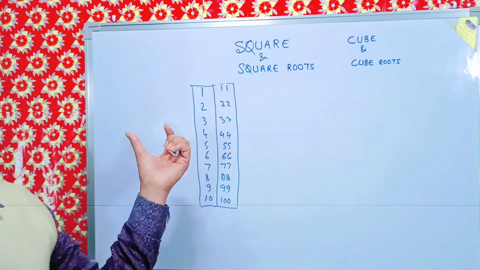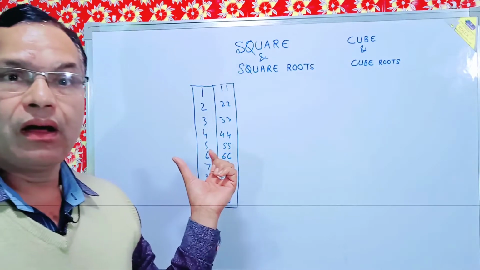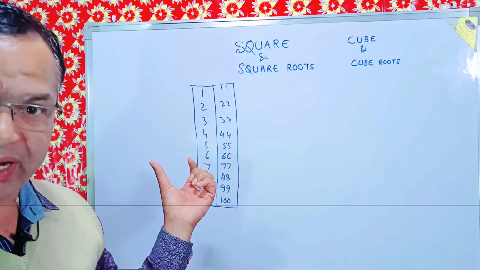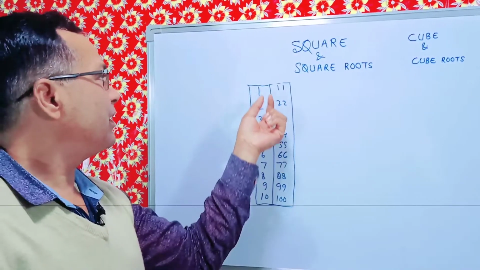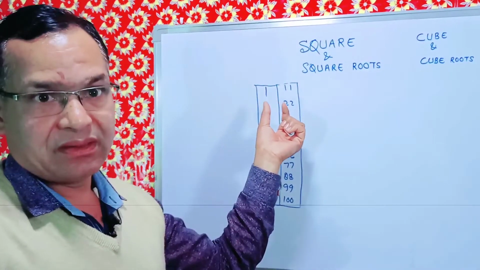Here I have taken a table of numbers 1 to 10. Again I have written the same number repeating behind it.